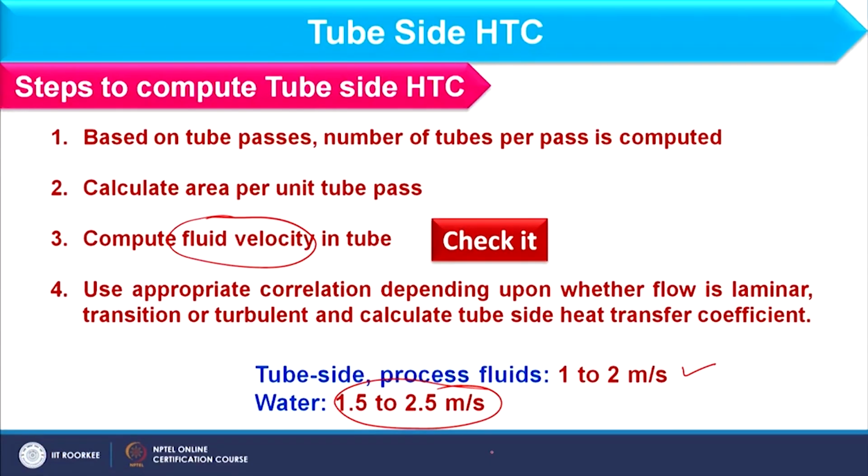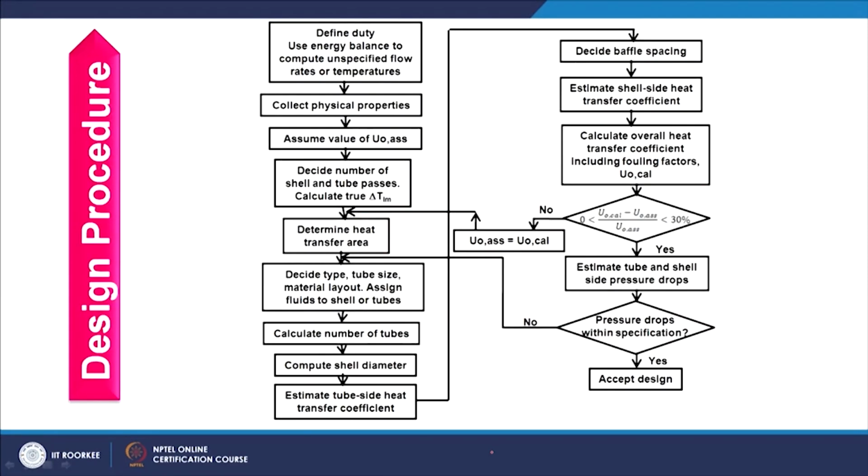Okay. Now, once you have this, you have to use the appropriate correlation depending upon whether the flow is laminar, transition or turbulent, and calculate the tube side heat transfer coefficient. So, all these expressions we have already discussed. Just keep in mind that in case of water, you should use the specific correlation which is developed for water only. Okay. So, these are some steps to calculate the tube side heat transfer coefficient.